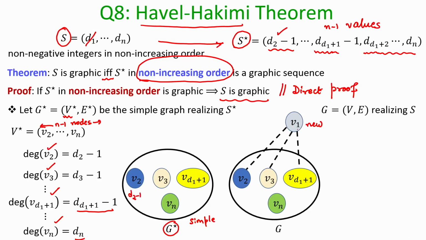I add an edge between the vertex V1 and the vertex V3 which had earlier the degree d3 minus 1, and similarly I add the edge between the vertex V1 and the vertex number d1 plus 1 which had earlier the degree d(d1+1) minus 1. Okay.